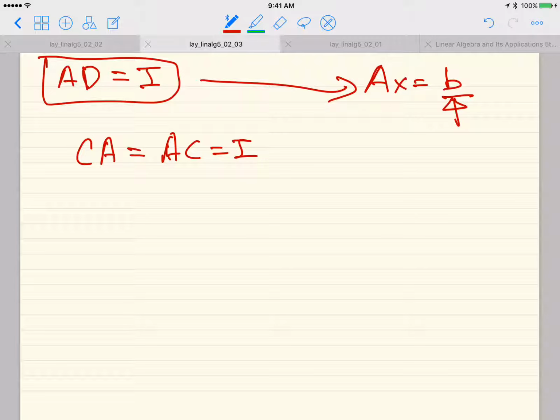But let's just forget about that relationship. We only assume that there exists some matrix D that satisfies this, and then it will lead to the statement that your linear system AX equals B should always have at least one solution for any vector B.